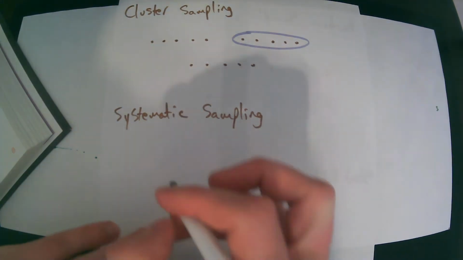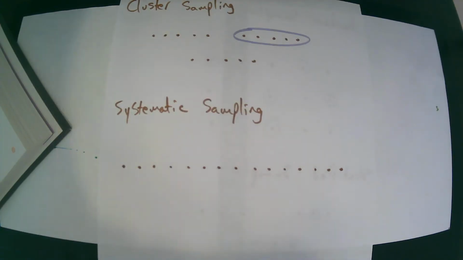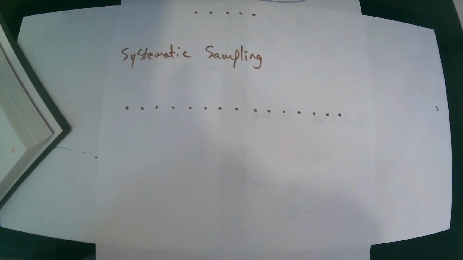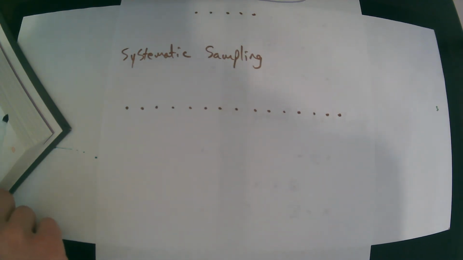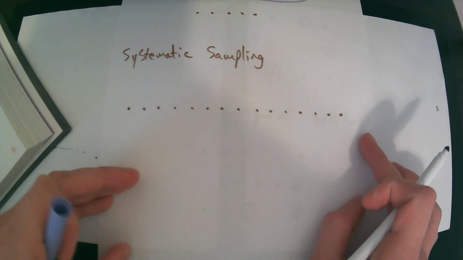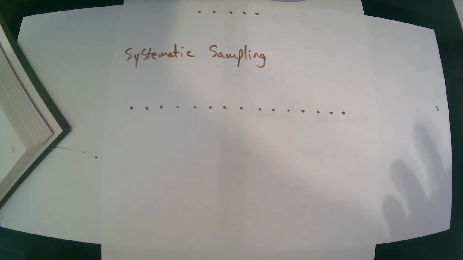So for my example, if I had my population being these 15 dots, and I want to end up with a group of 5, then I would pick every third dot. So when they say chosen by selecting every nth member, for me that n is 3. And that just depends, again, on how big your population is and how big you want your sample size to be.